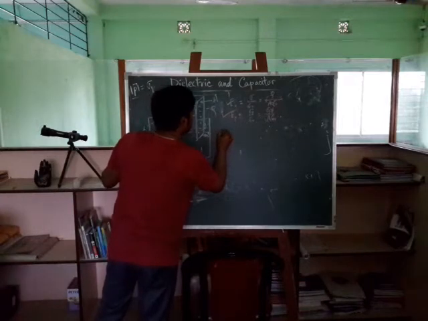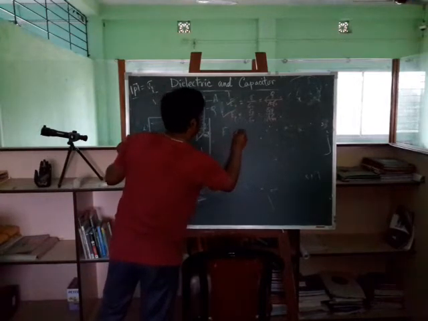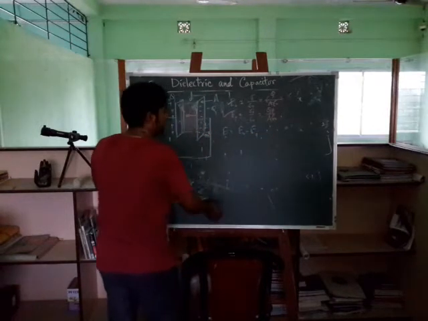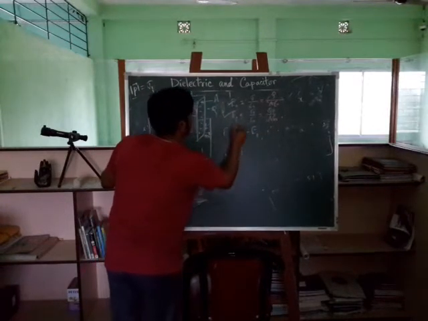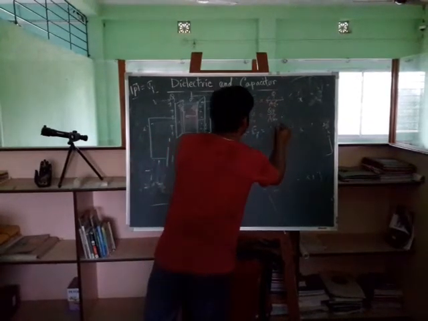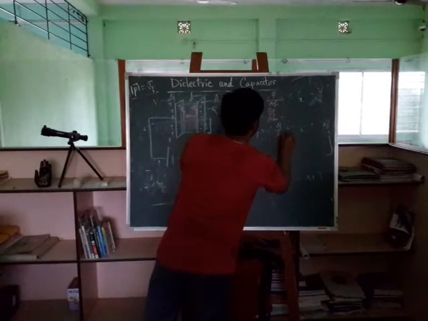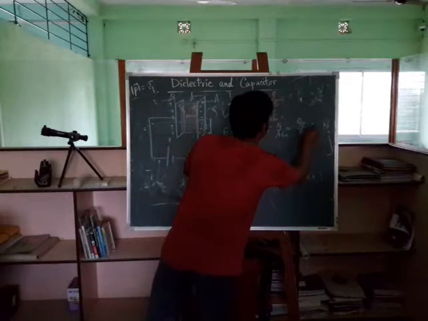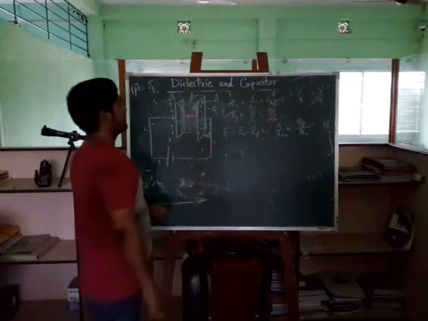Okay, so what is the net field? That E field will be, we know that is E naught minus EP, or you can call that EP actually. So that will be simply Q by A epsilon naught minus QP by A epsilon naught, right?